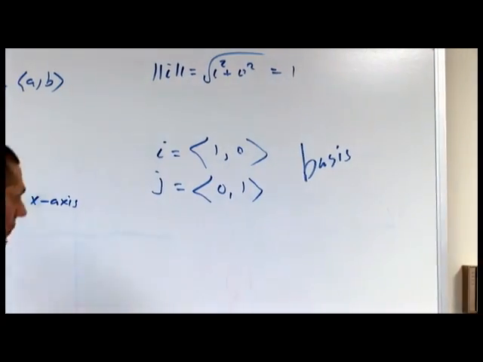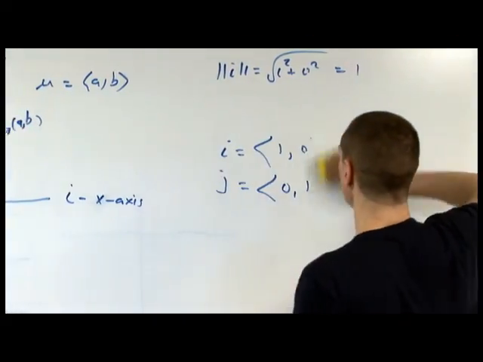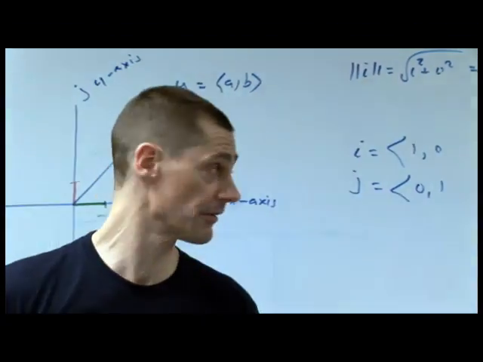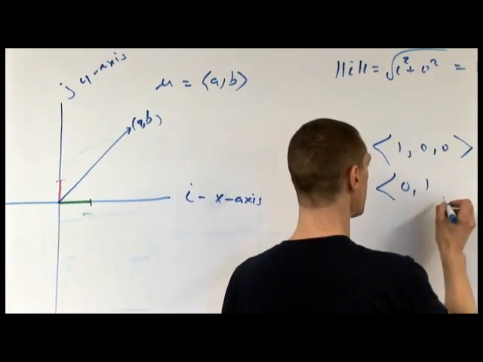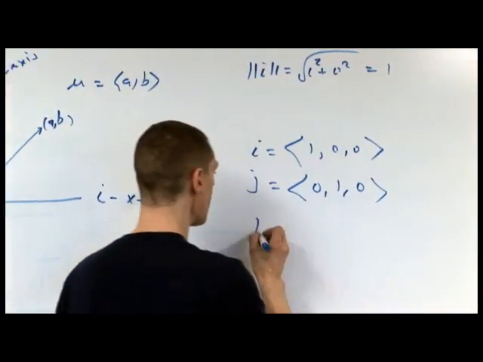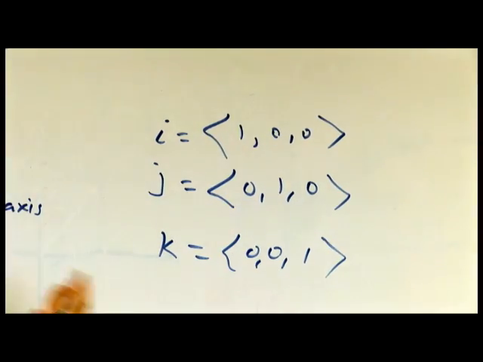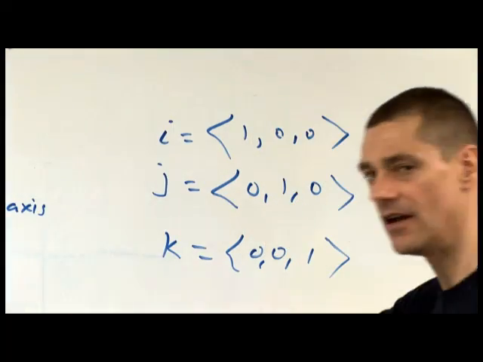Incidentally, when you go to 3 dimensions, it changes. And like I said, I'm so sorry that the book we have in this course isn't rigorous enough to go to 3 dimensions, but I'll show you anyway. In 3 dimensions, it's like this, and we have k, which is (0, 0, 1). And all of these are unit vectors, and in 3 dimensions, these 3 unit vectors span the vector space.